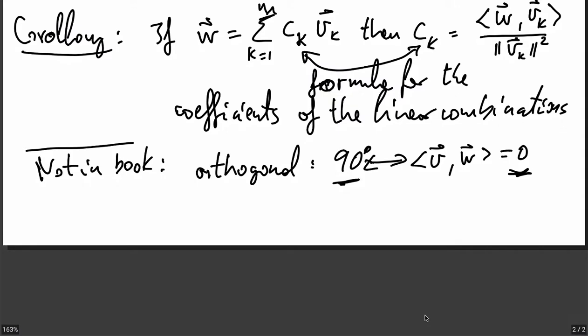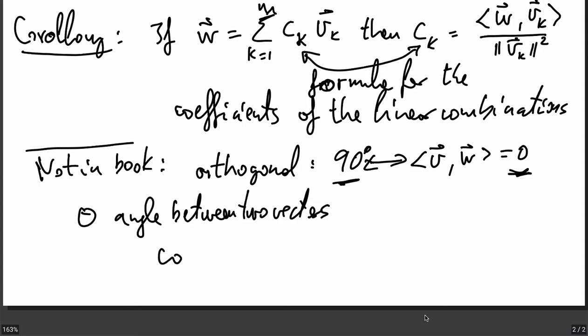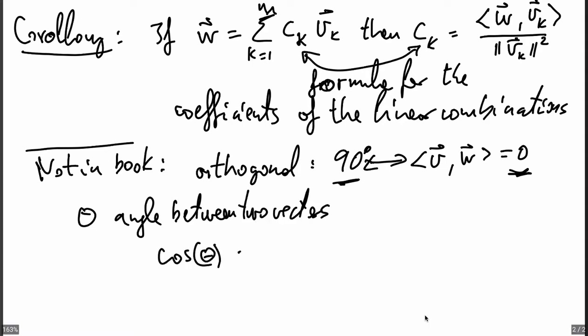Well, it turns out that in general, if you have theta, the angle between two vectors, then the cosine of the angle is the dot product of the two vectors divided by the length of the two vectors.